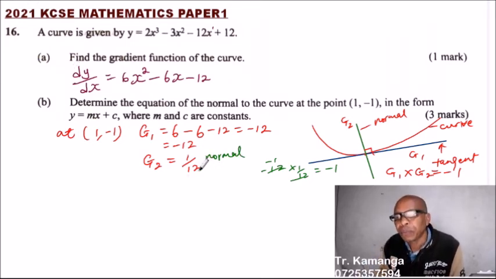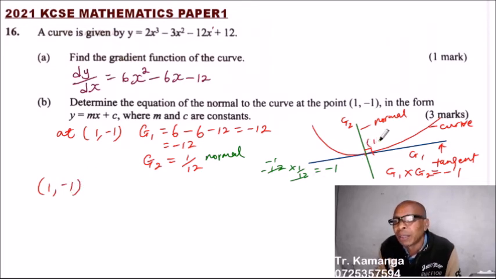Now, when you are given the gradient and 1 point, you can find the equation of a line. So we take the point 1 and minus 1, that's the point of contact here. And we take another imaginary point, x and y, and the gradient is 1 over 12.